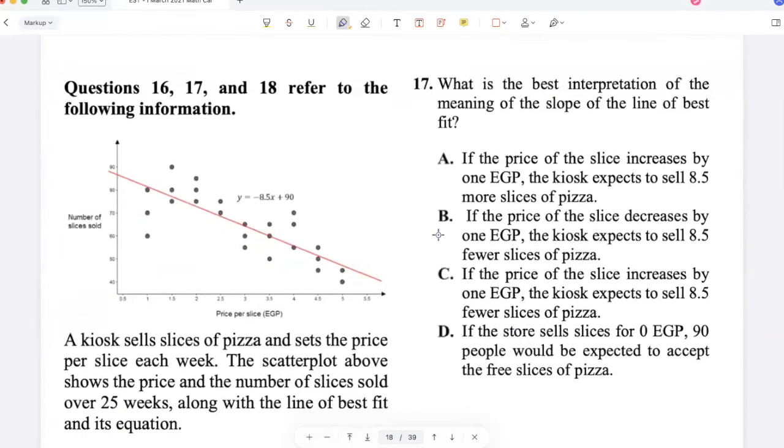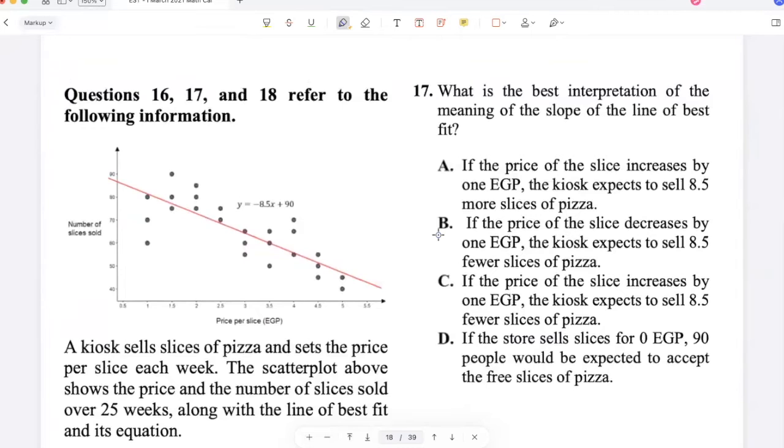Okay, what is the best interpretation of the meaning of the slope of the line of best fit? So the slope is negative 8.5, which means that if I increase the price of the pizza slice by 1 Egyptian pound, the number of slices sold will go down by 8.5, right?